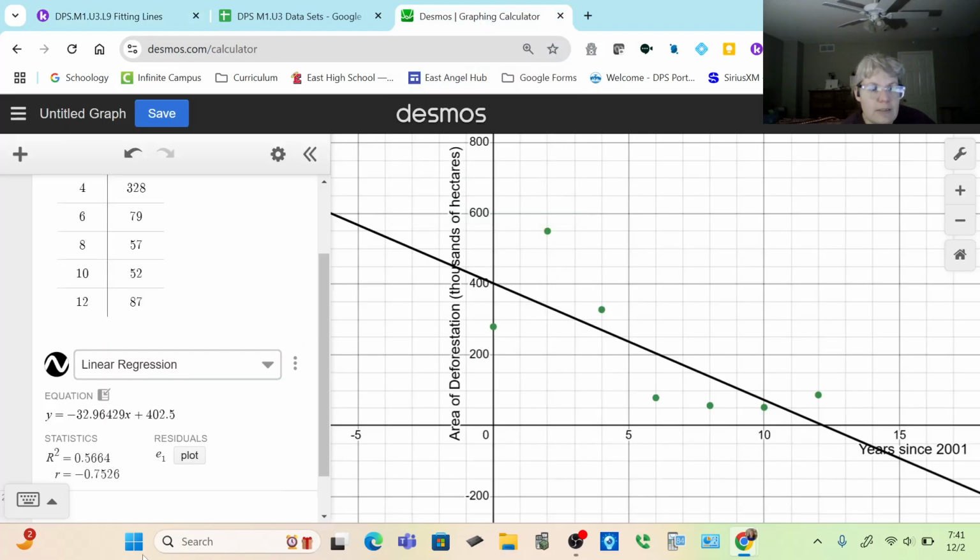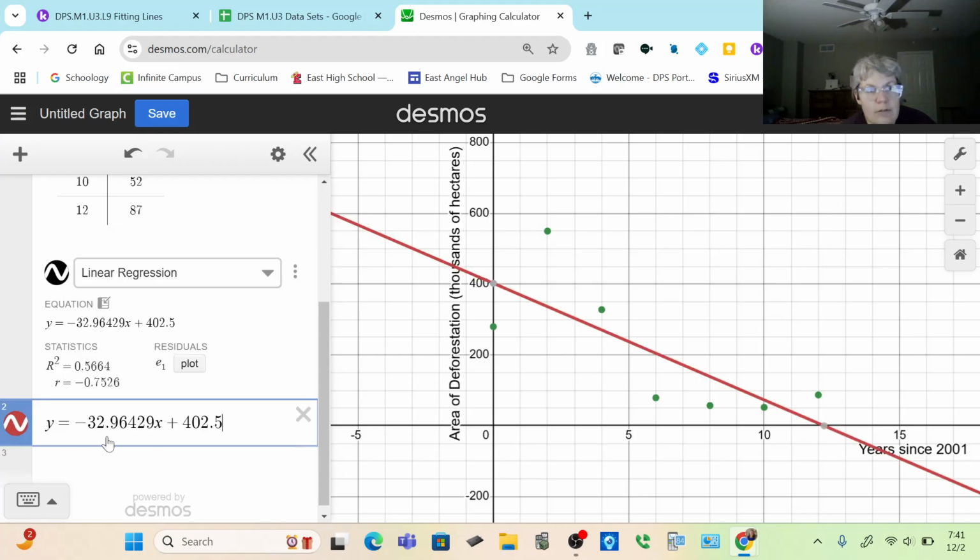So when I go back to Desmos, you'll see this icon right next to equation. What that icon does is it sends the equation to our list on Desmos. So now I have the equation in a place where I can work with it. Well, the x-axis is the years since 2001, and the first one that we wanted to look at was when x is 8.